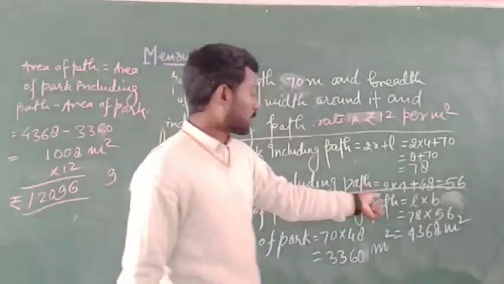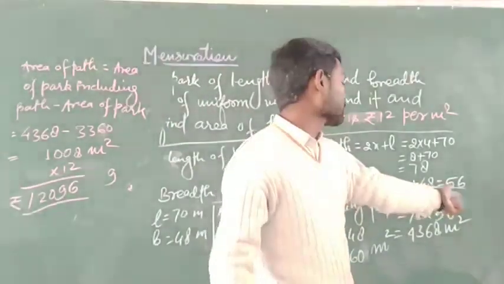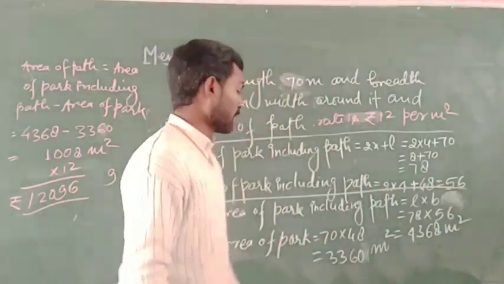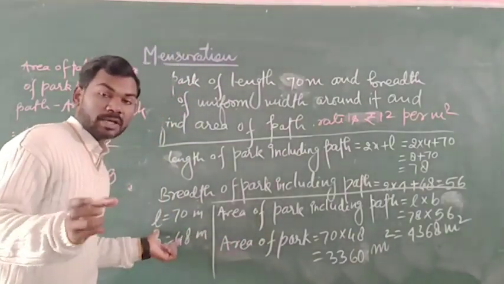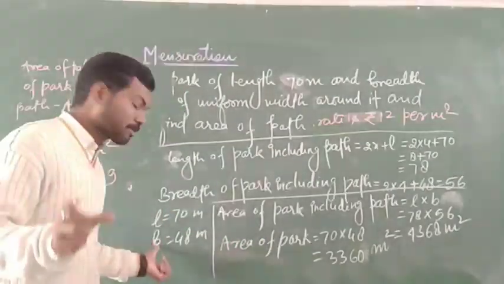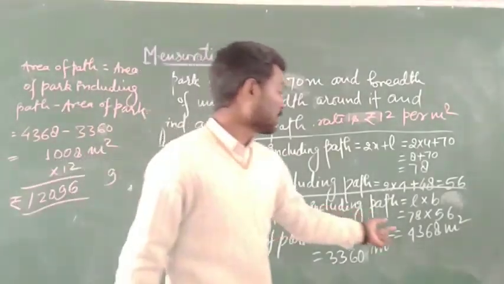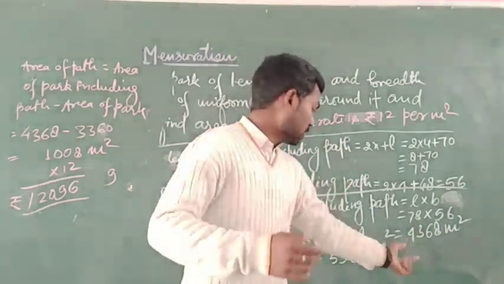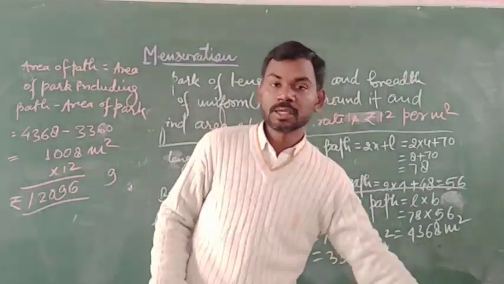The breadth including path is 2 multiplied by 4 plus 48, that is 8 plus 48, equal to 56 meter, and the length and breadth of the park without path are given already. So the area including path is 4368 and the area of the park is 3360.